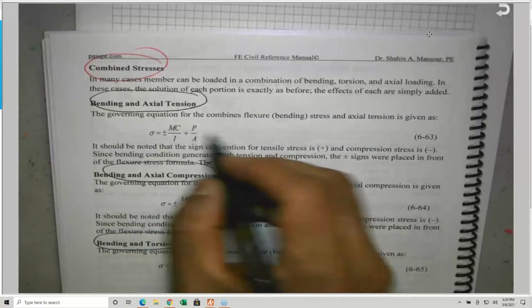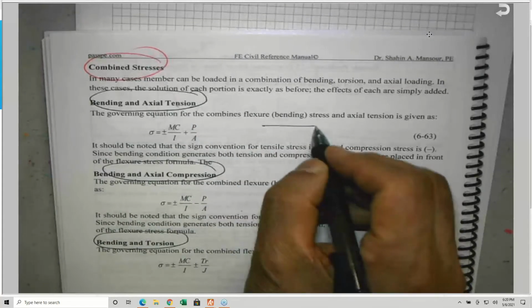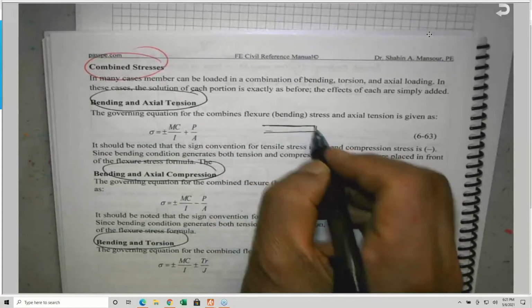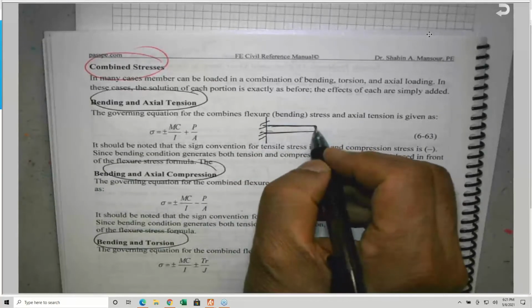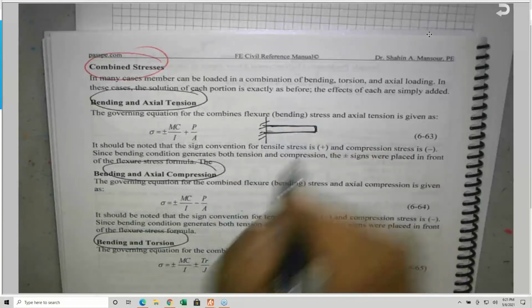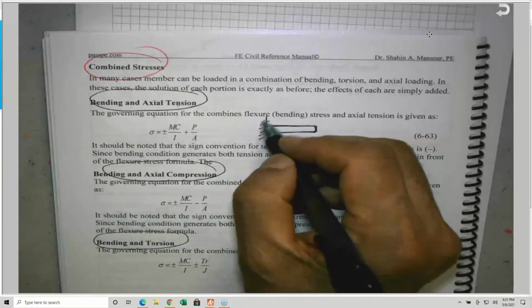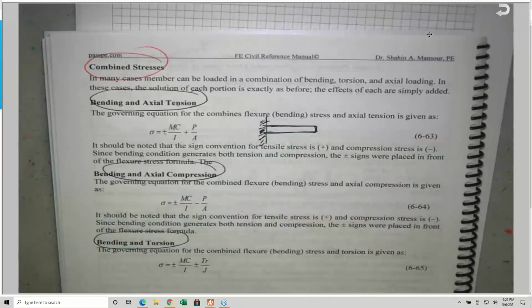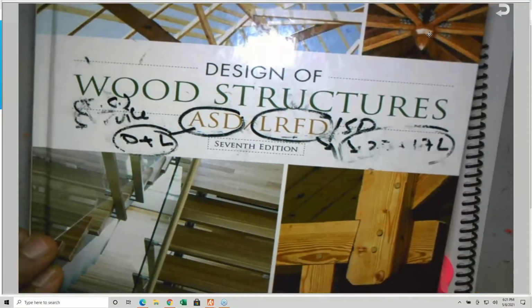When you have, for example, bending and axial tension, let's assume that you have a cantilever beam. We'll cover this in timber design. Some of you took the class already, the timber design by Dr. Breyer's book, Design of Wood Structure, the 7th edition; the 8th edition is the one I used last semester.